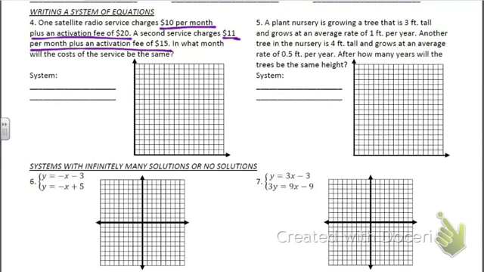So basically I want to know how many months need to pass before they cost the same or before the 2 equations cross. So let's write an equation for service 1. Let's write an equation for service 2. Do you guys want to use X's and Y's? Okay, so let's let y equal the total cost, and x is going to equal number of months.